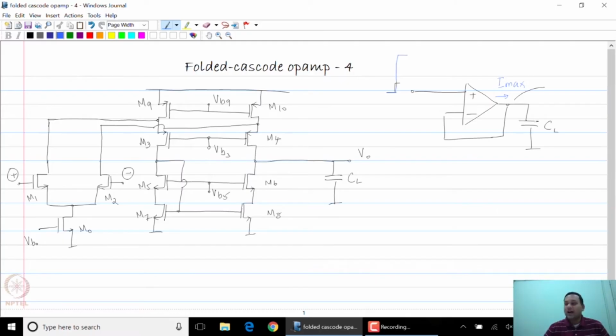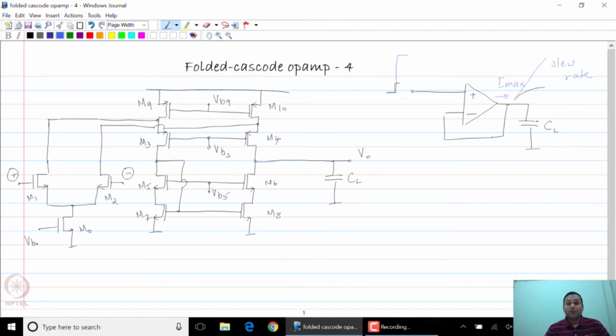At this stage the output rises linearly, and any larger input step will not allow the output to rise faster than this ramp. This is called the slew rate of the op-amp.